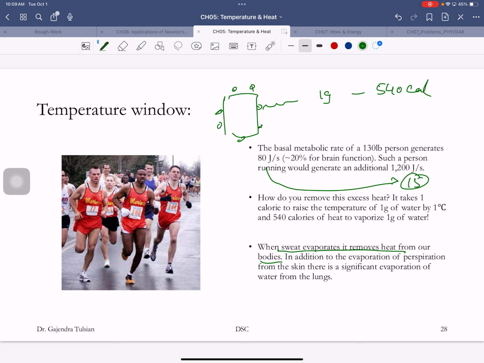So in addition to evaporation of perspiration from skin, there's a significant evaporation of water from the lungs. So every time, it doesn't matter where water evaporates from, 1 gram of water evaporating takes away 540 calories of heat, and that's a large amount of heat.